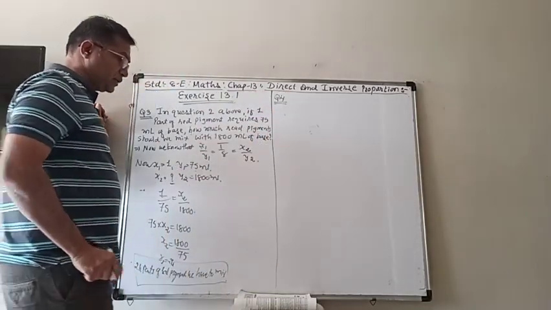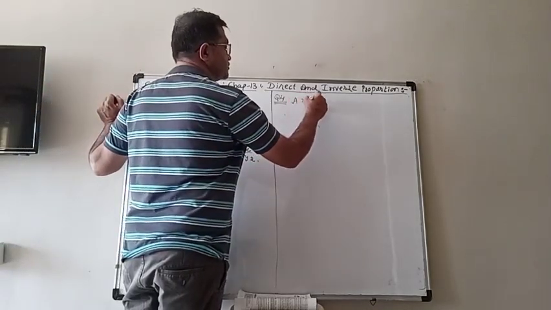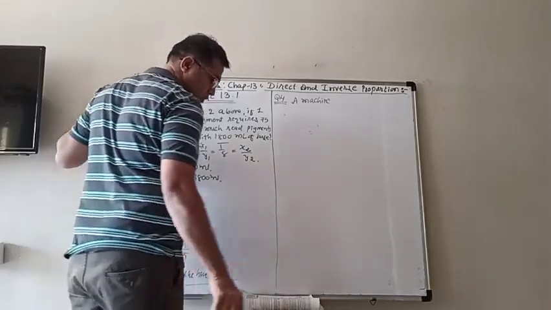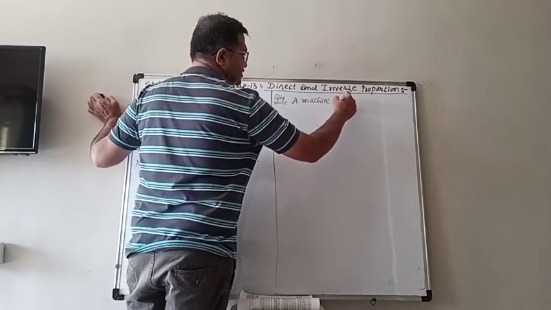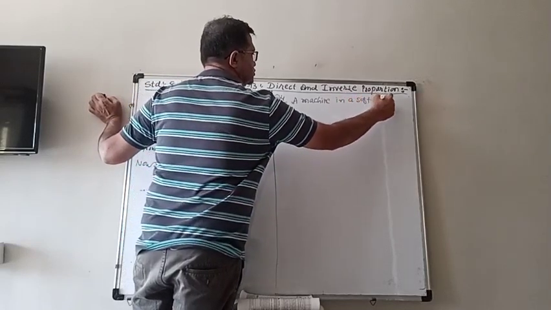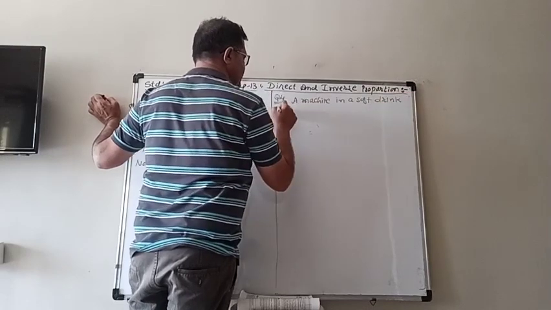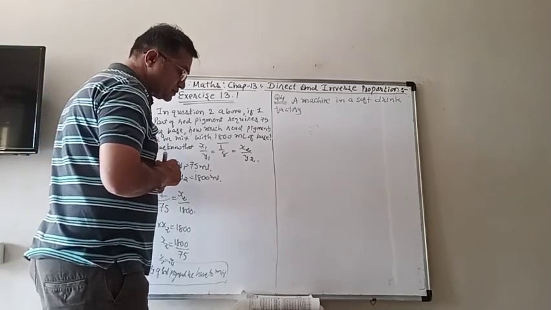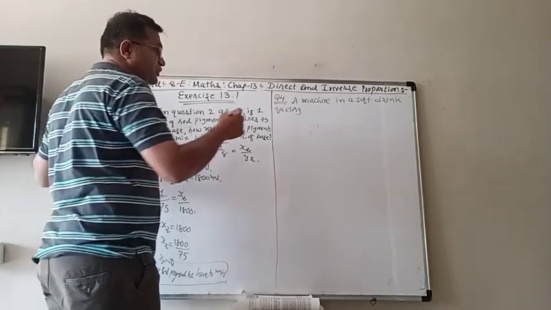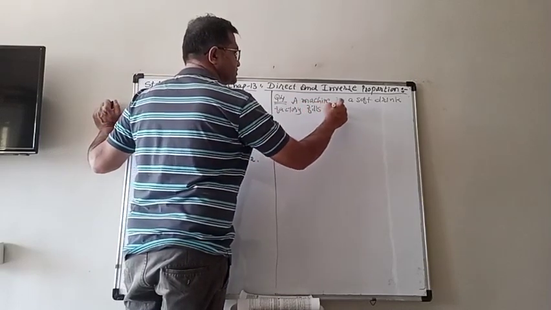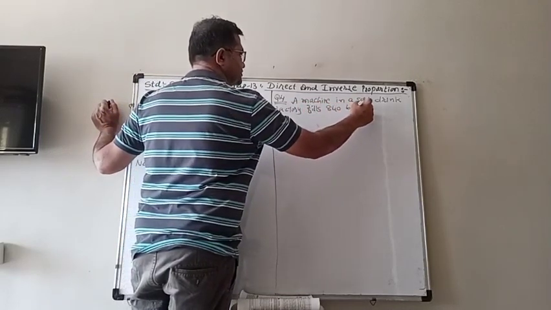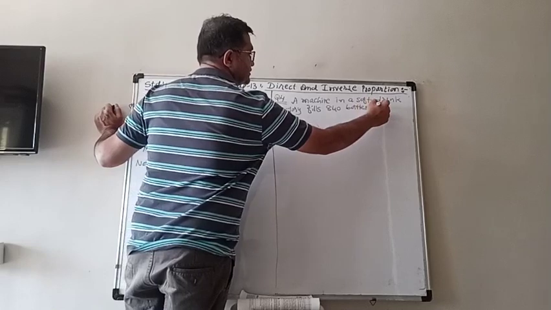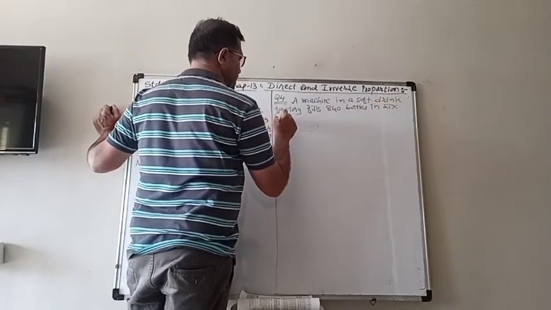Let's do question number 4. A machine in a soft drink factory fills 840 bottles in 6 hours.